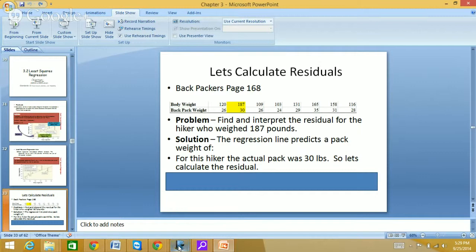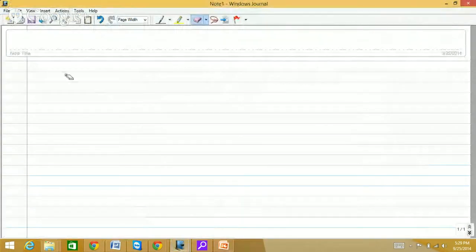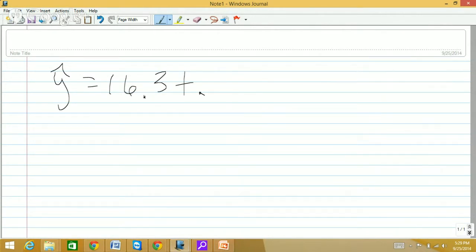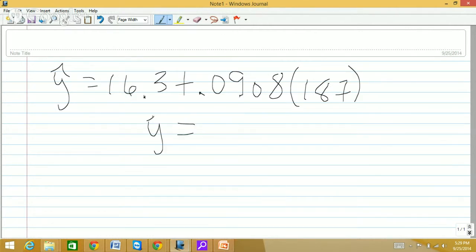But if I pull it up and show you guys, your prediction, your y hat, which was your pack weight, and don't make fun, I'm writing with my finger, was 16.3 plus 0.0908, and they plug in their body weight of 187. And so they get that y hat is going to be about 33.28 pounds.